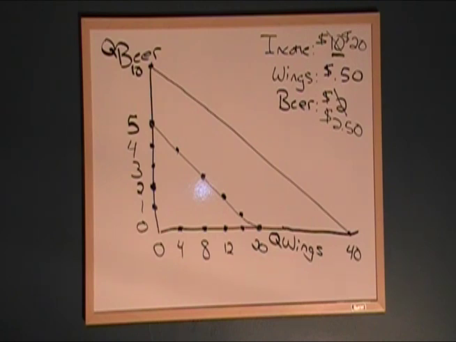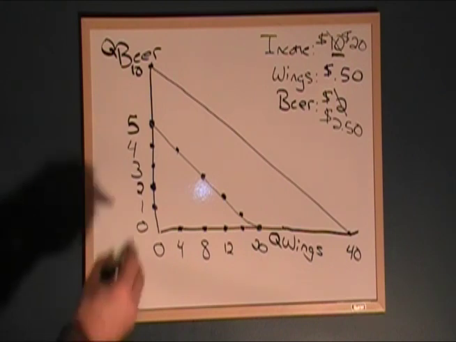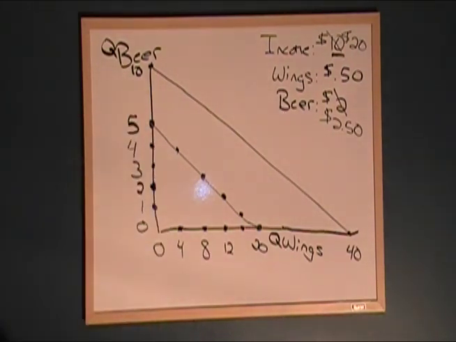Well, 10 divided by $2.50 is going to end up being 4. So 4 is going to be our maximum point. Well, how about chicken wings? Is the quantity of chicken wings that we can consume going to change at all? The answer to that is going to be no, because 10 divided by 0.5 is still 20. So we can still get 20 wings.